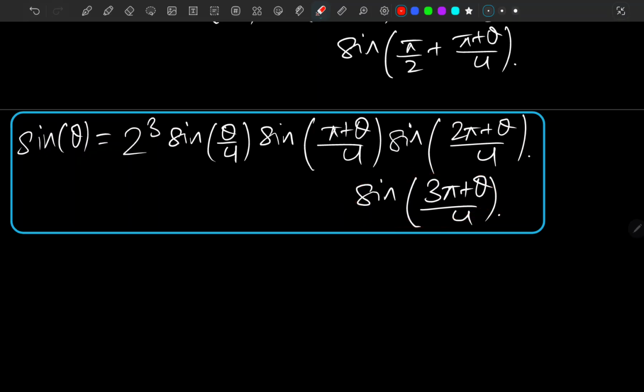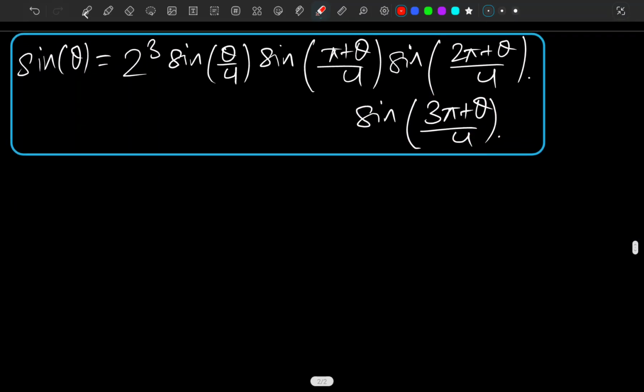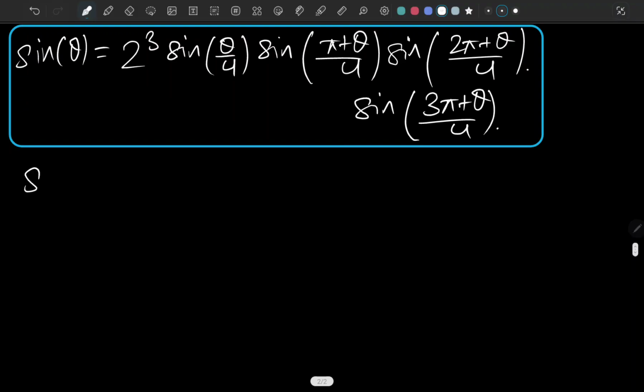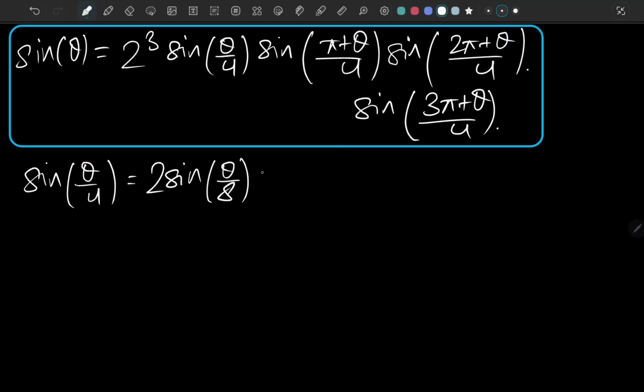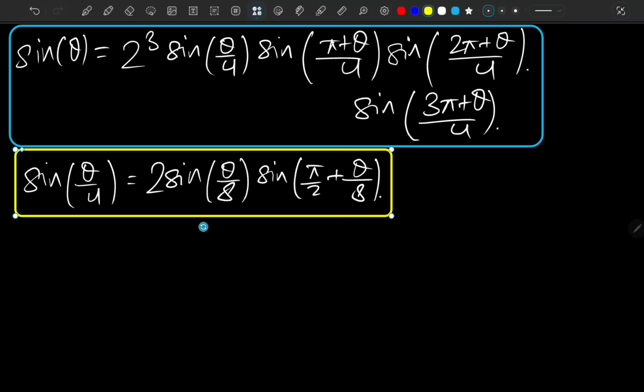So if we factor them out once again, sine of theta over 4 can be written as 2 sine theta over 8 times sine of pi over 2 plus theta over 8. I've just used the formula straightforwardly without wasting our time here.